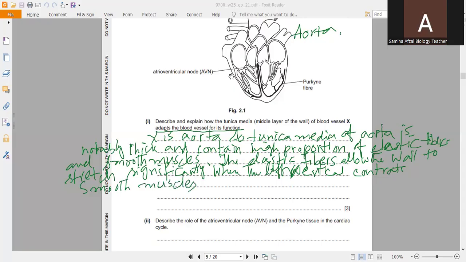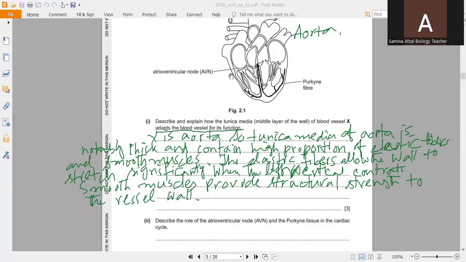Smooth muscles provide structural strength to the vessel wall.